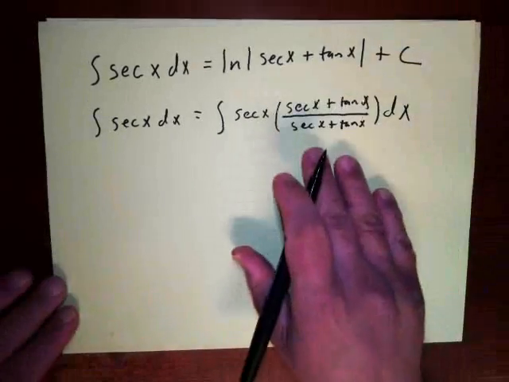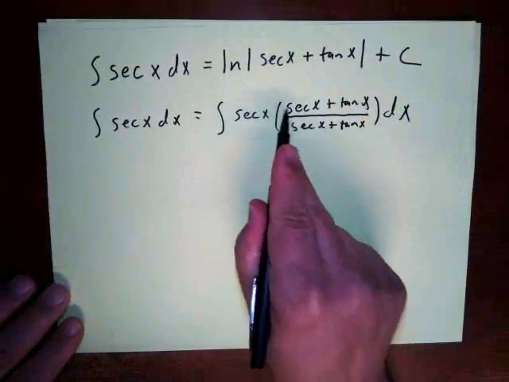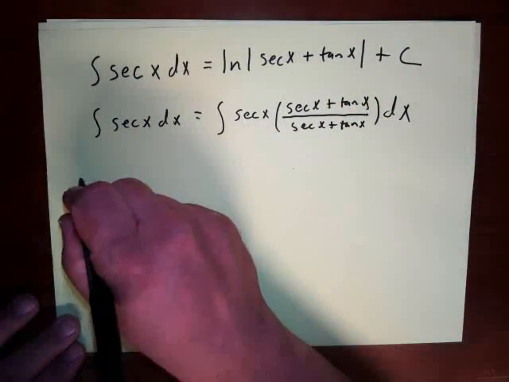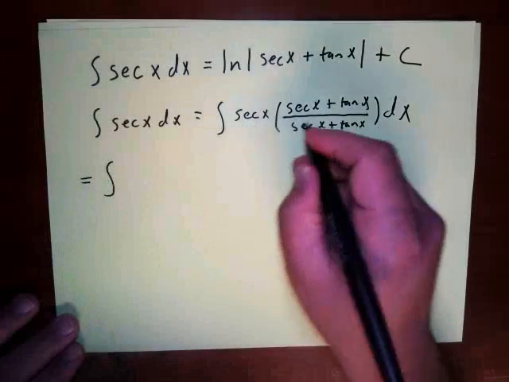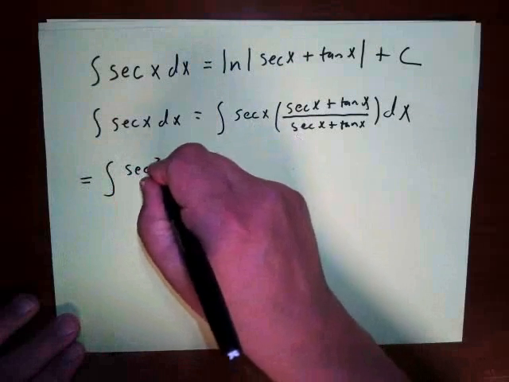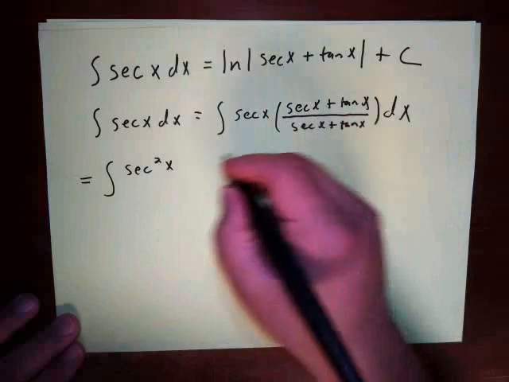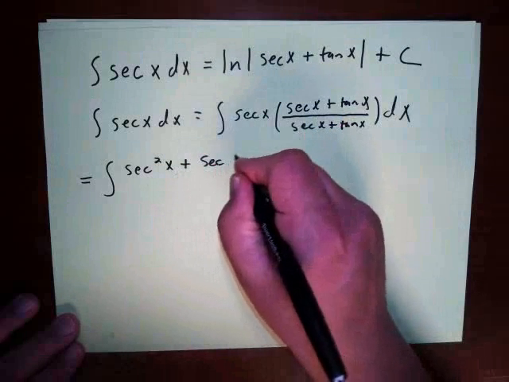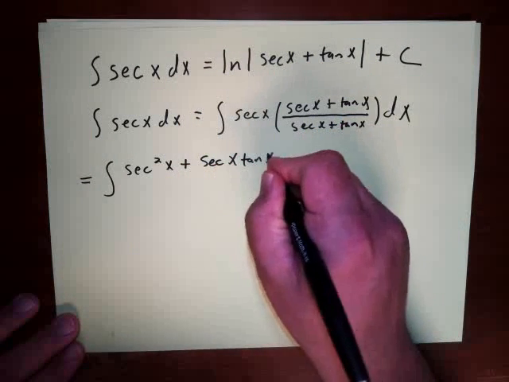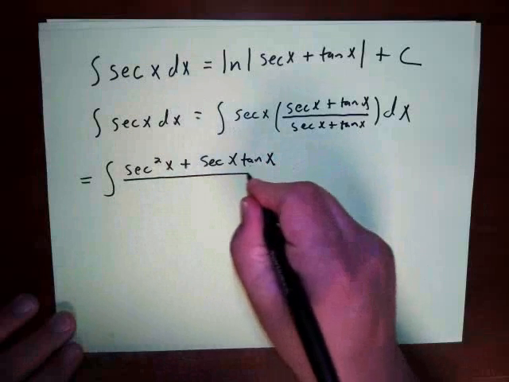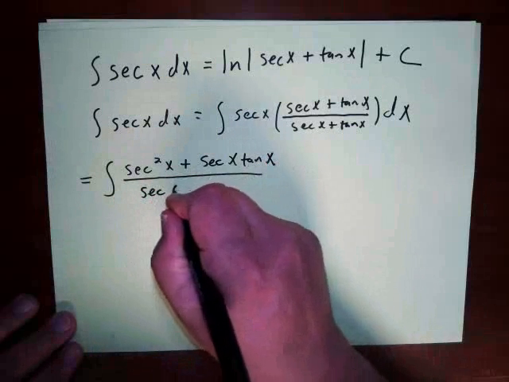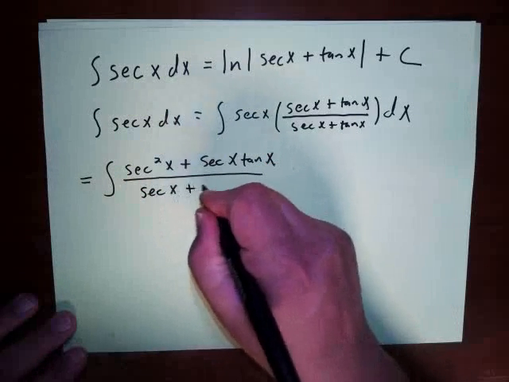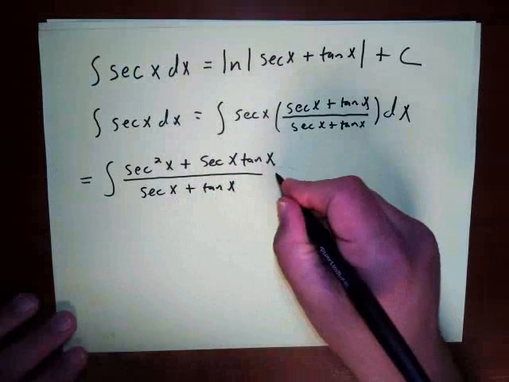But now that we know that we can do that, I'm going to distribute that secant of x through. And when I do that, I actually get secant squared x plus secant x tangent x all over secant x plus tangent x dx.